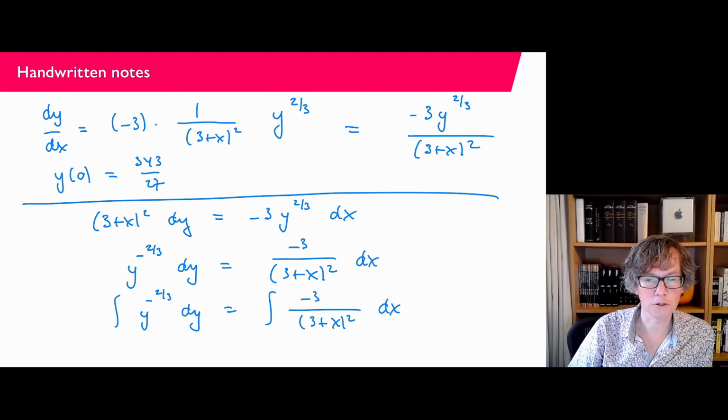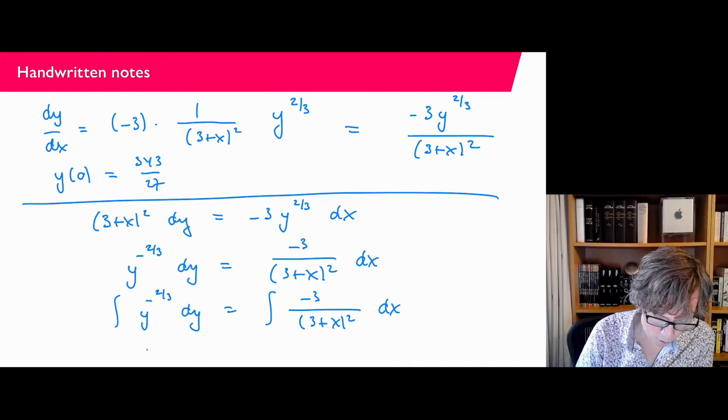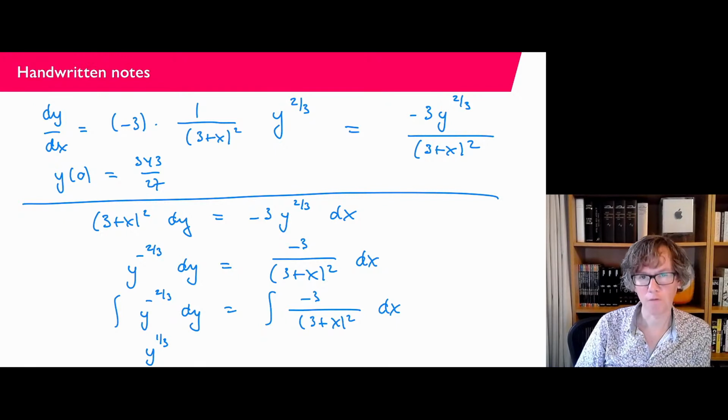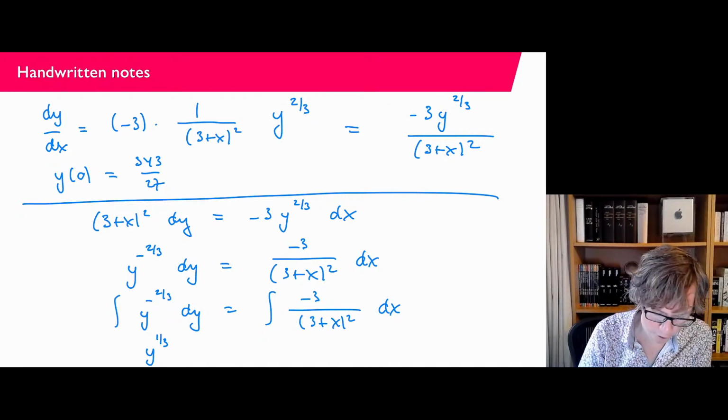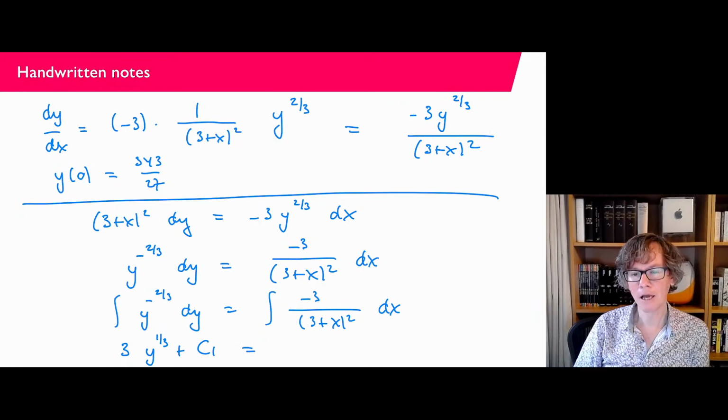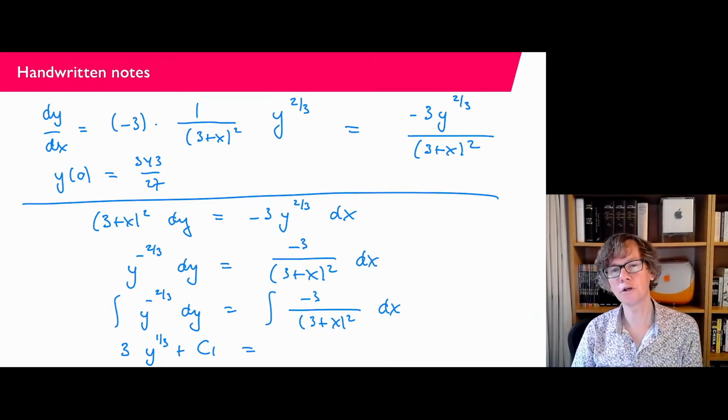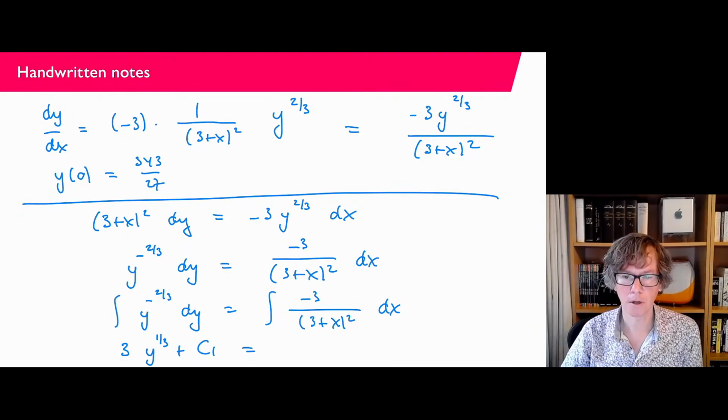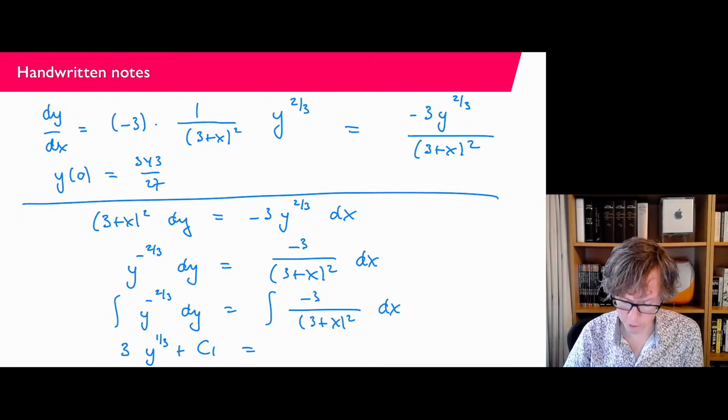Well, the left side is easy to integrate. So that is y to the power, and we add 1, so we get 1/3. If you would differentiate, you would get an additional 1/3. We don't want that, so I write a 3 there, plus some integration constant, equals, you can do substitution here, u equals 3 plus x. Actually, let's do that.